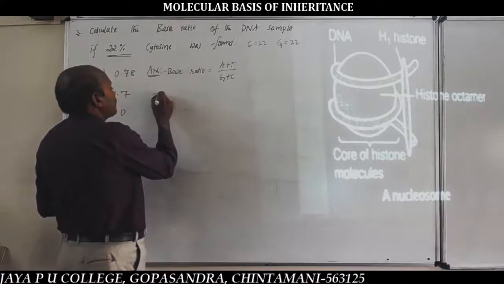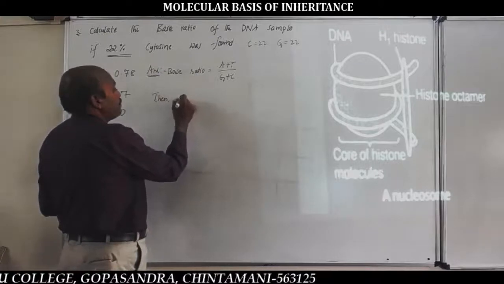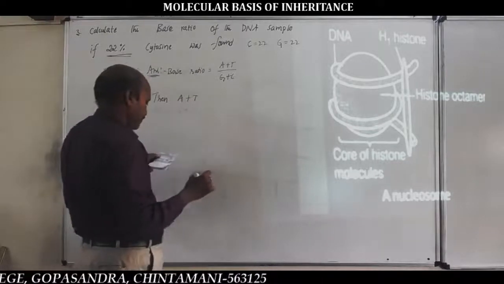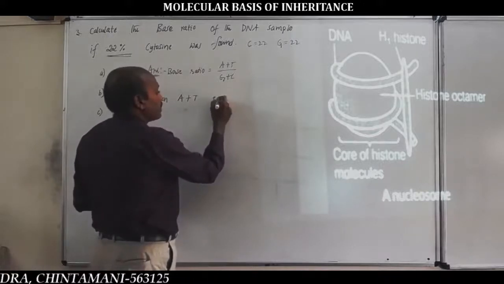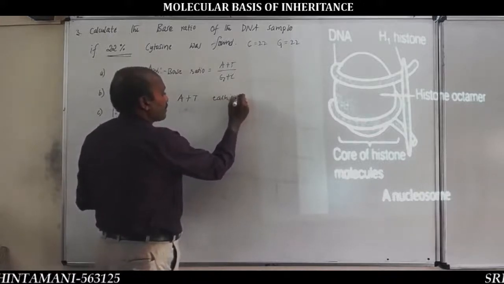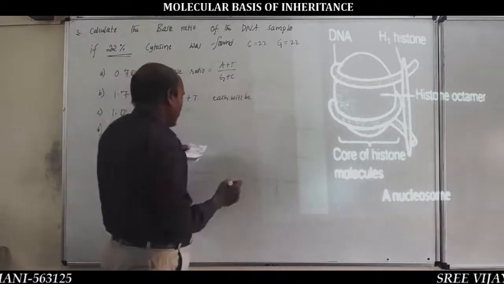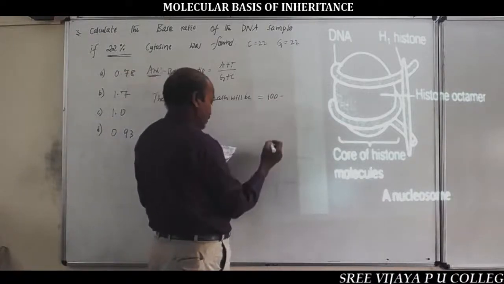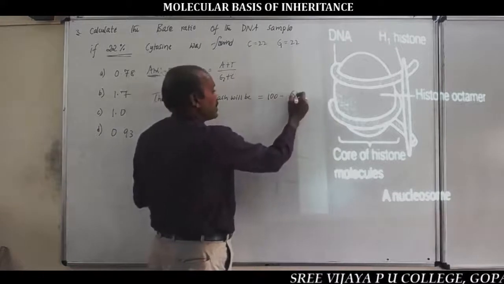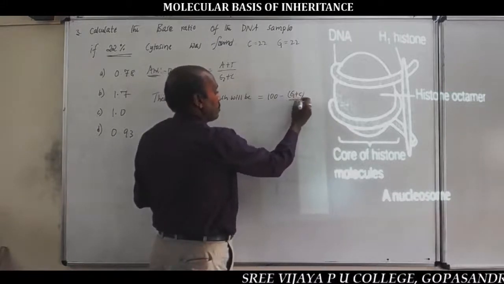Then A plus T, adenine and thymine, will be 100 minus G plus C, by 2.